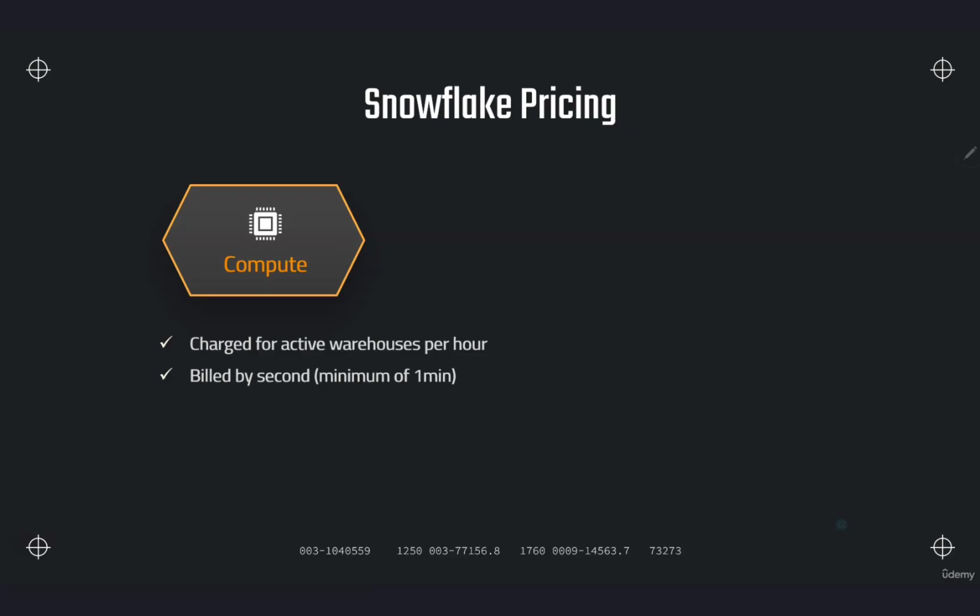So the cost depends on the time and also on the size of the warehouse. And like this, we have 3 different factors that affect the cost. This is how much time, how many warehouses we have active, and then also what the sizes of those warehouses are. So in just a second, we talk about how this works exactly.